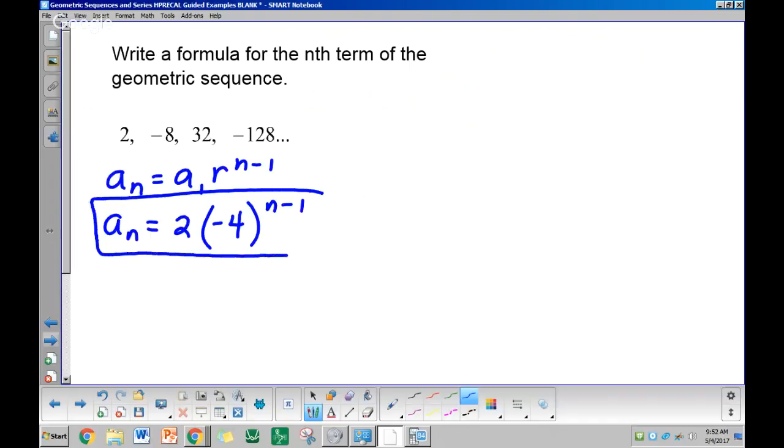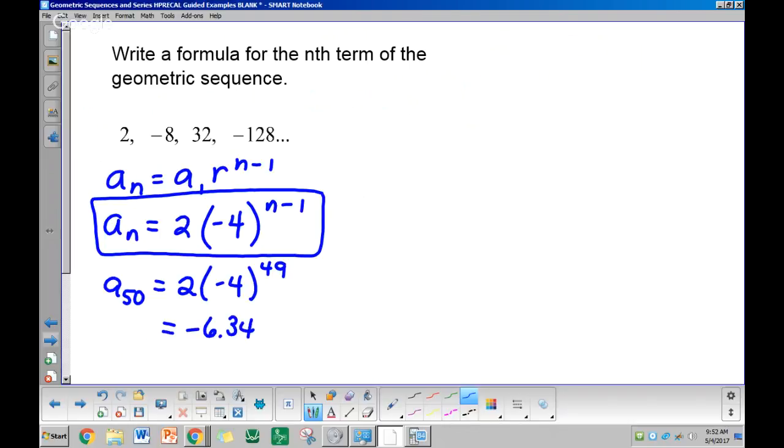Now you don't have to prove to me what r is if you see it. Everybody got that? Now, let's say I wanted to find a sub 50, what would you do? You would just put in a sub 50 equals 2 times -4 to the 49th, and you put that on your calculator and get a very large number. -6.34 times 10 to the 29.